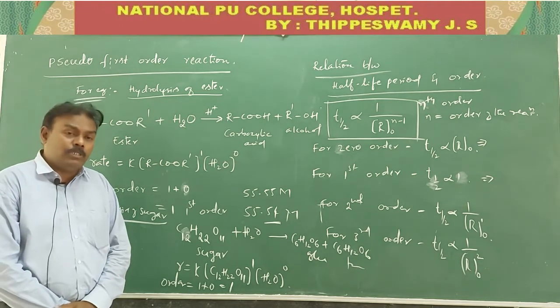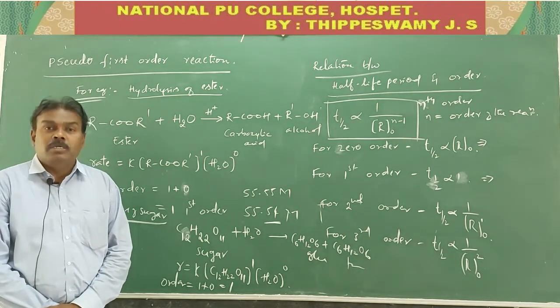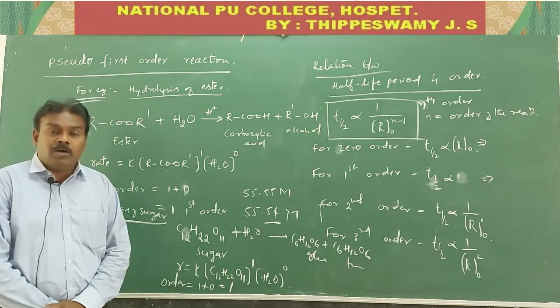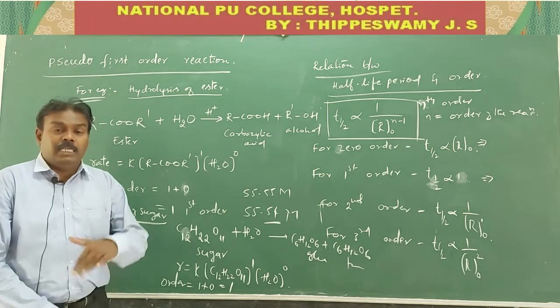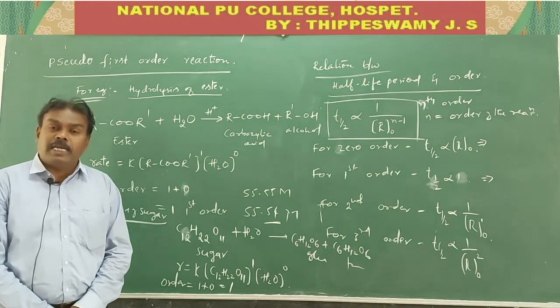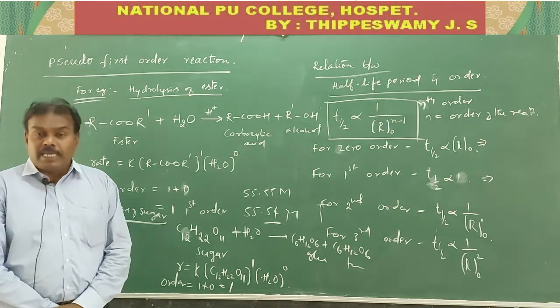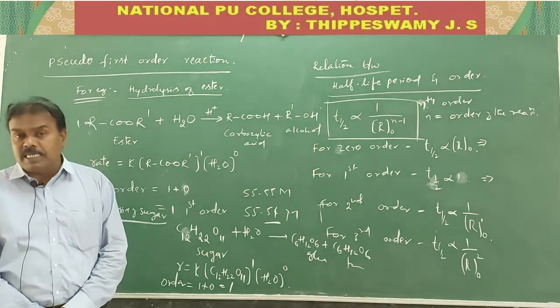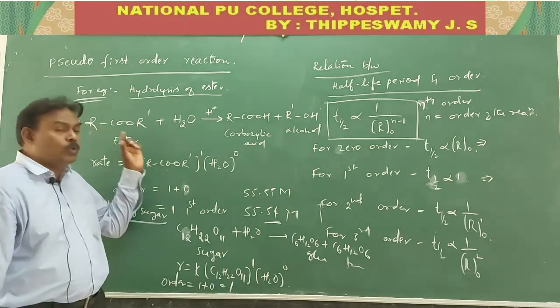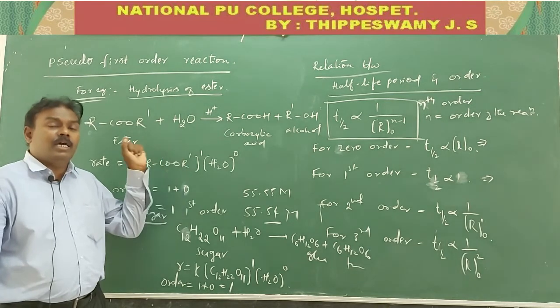The reaction in which any of the higher order can be converted into first order by taking all the reactants except one in large excess is called pseudo first order reaction.